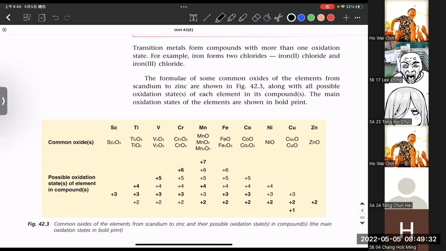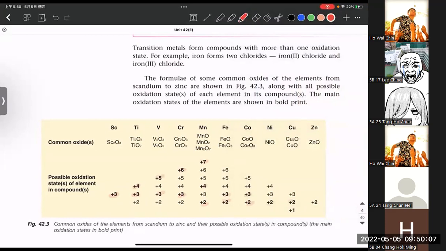You may see, first of all, the number of possible oxidation states. You might find it increases from scandium to manganese, and then drops from manganese to zinc. If you want to talk about more oxidation states, you may find the ones in bold. You may see these: +3, +3, +4, +5, +6, +7, +3.